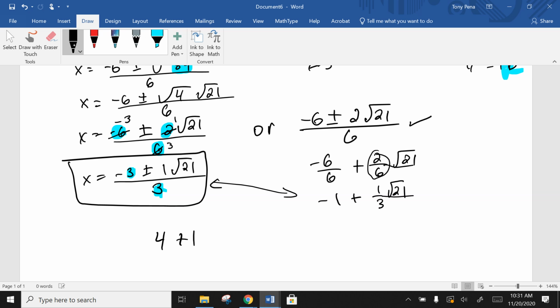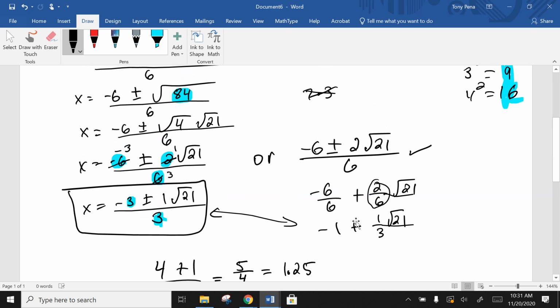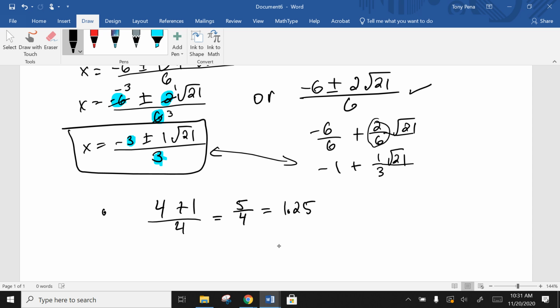Let's say I do 4 plus 1, divided by 4. If I ask you to simplify that, wouldn't you say 4 plus 1 is 5, and then divide that by 4? 5 quarters is 1.25, so as a decimal it's 1.25. You agree with that? So this is good legal math.